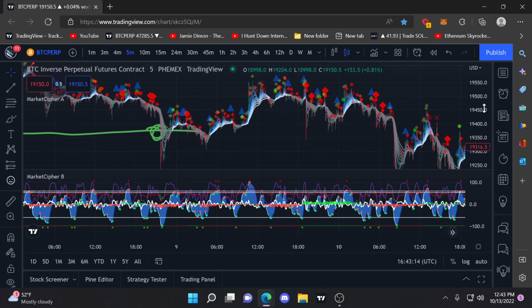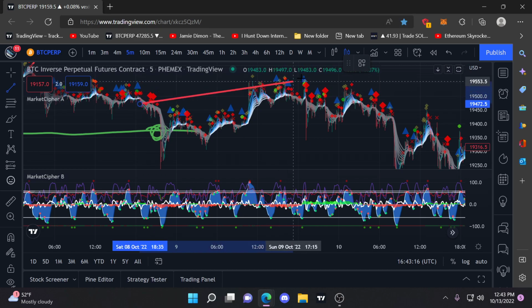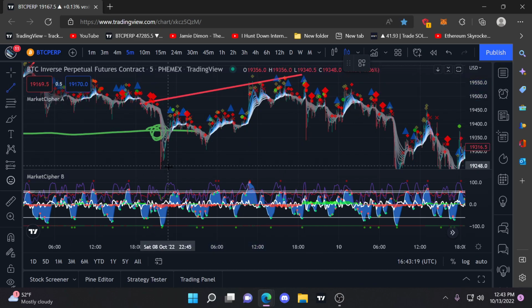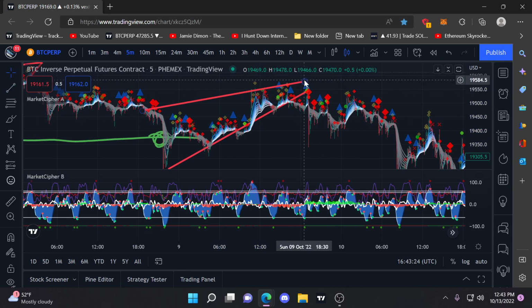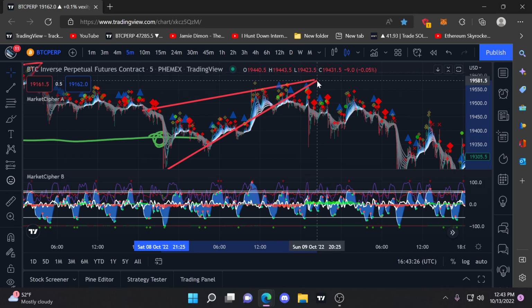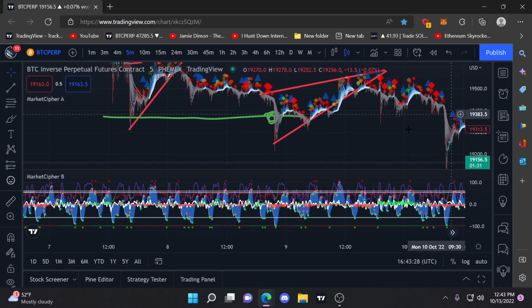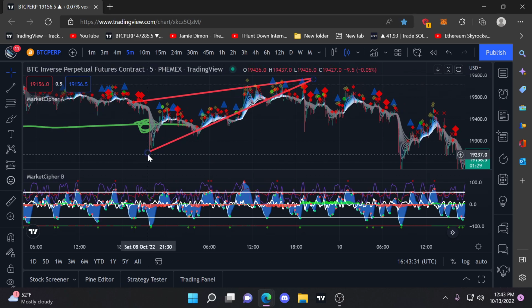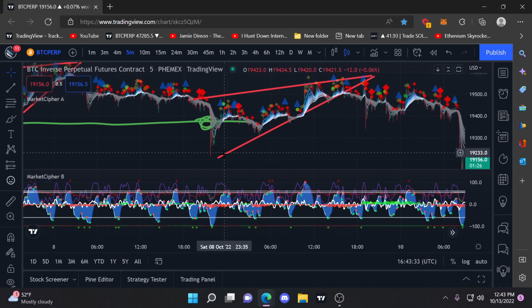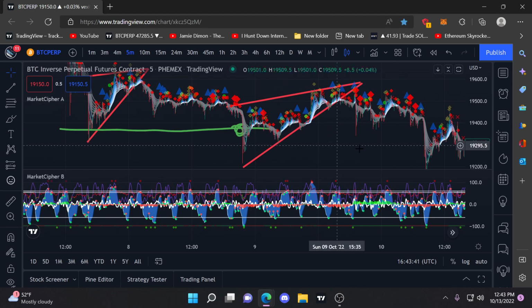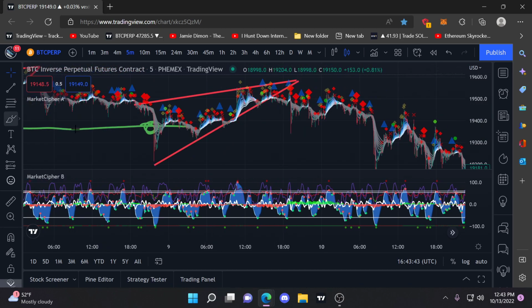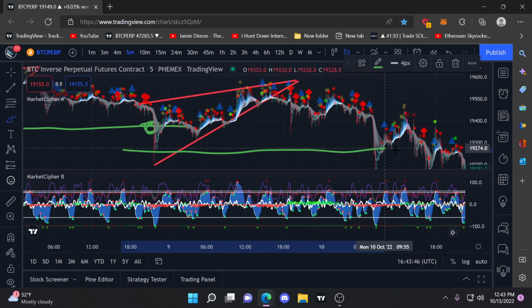So right here we would have taken our profits. Here we have another one. Sometimes they're not always perfect. Like this, we have a little hiccup there and a little hiccup there, but that's completely normal. So just like the last one, we'd want to take our profit at the bottom of our desired wedge, so right here.